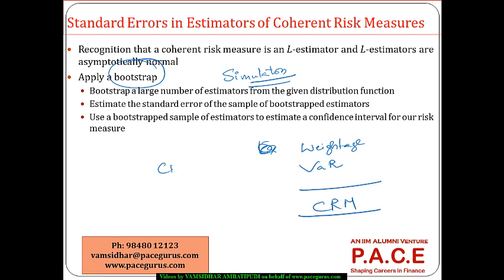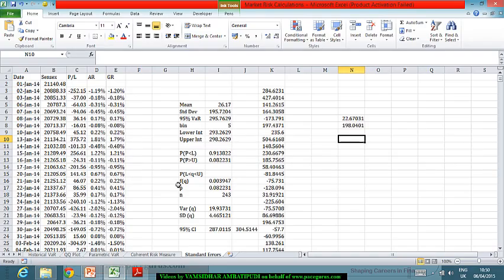I'll generate some thousands of such, and based on that I can look at what is the 95% confidence interval range in which those measures are lying, or the 90% range, which is more like a simulation mechanism rather than any closed formula.